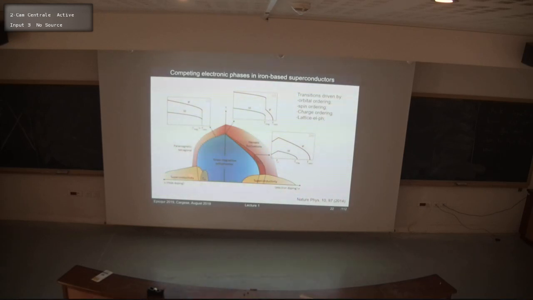So what we need to understand in these materials to really work out their superconductivity is the origin of the pairing mechanism, and also how we can, in a simple model, if that's even possible, account for a variety of physics shown in this family, but also in a much larger spectrum, which deviates from this picture.